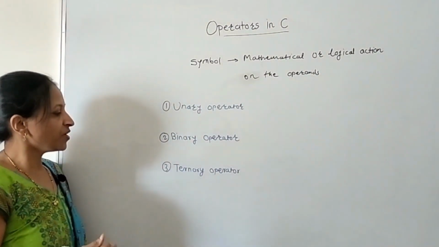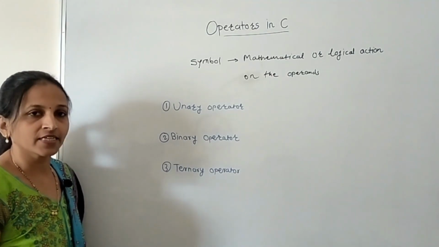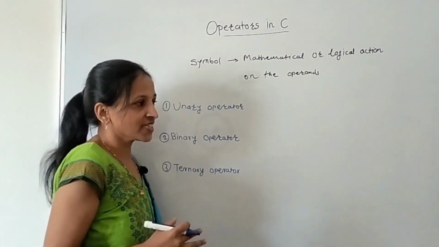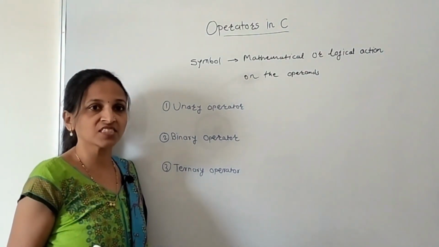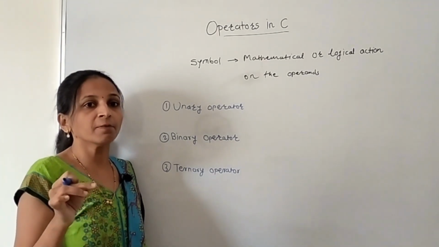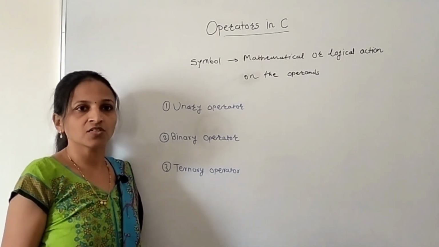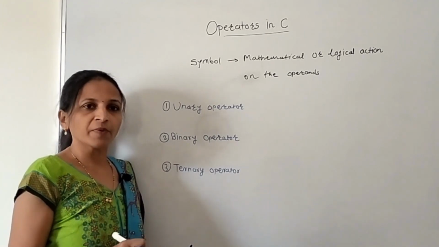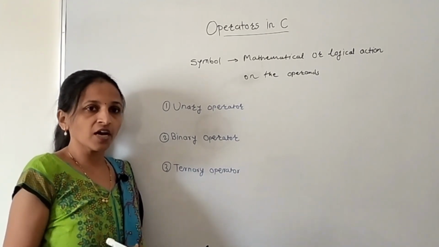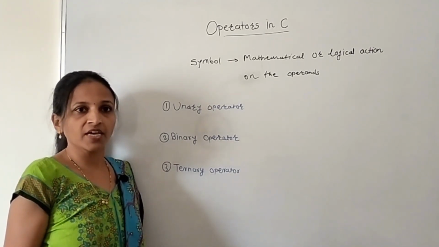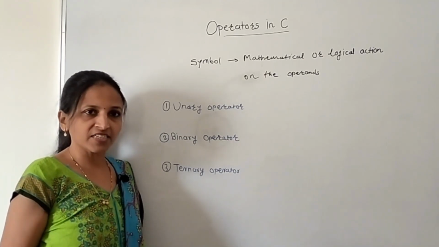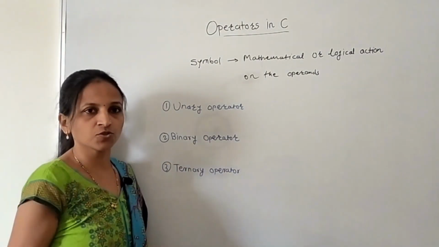Now why unary, binary and ternary, these three categories? Actually these three categories are on the basis of the number of operands used. Means the operator is acting on how many operands. And by that these three categories come into the picture.